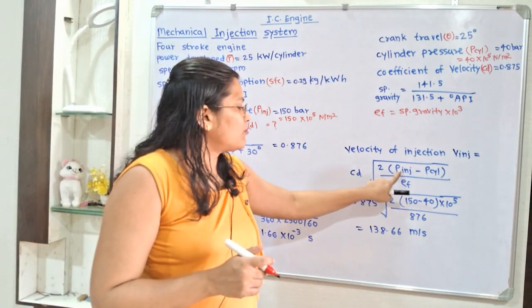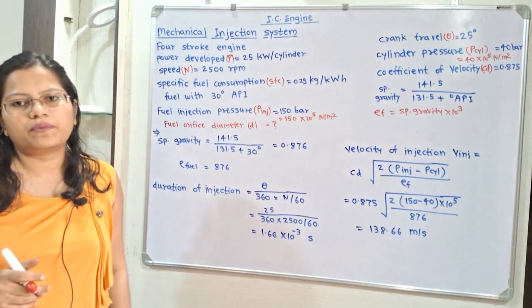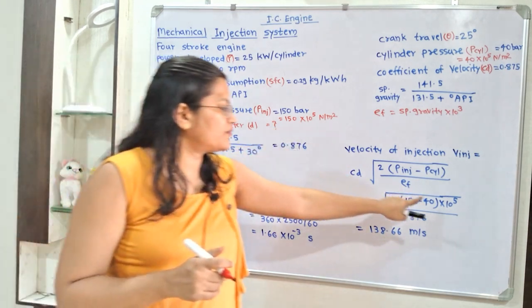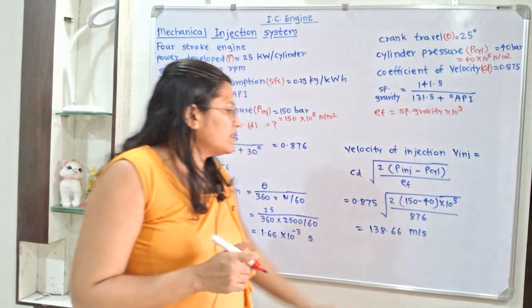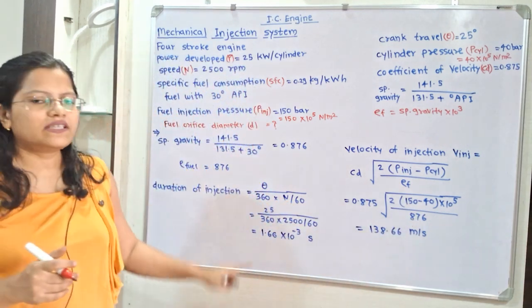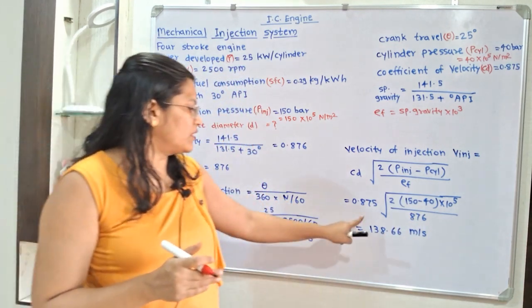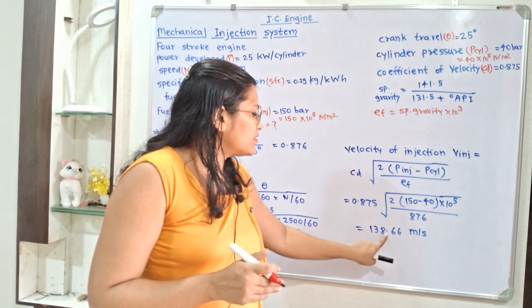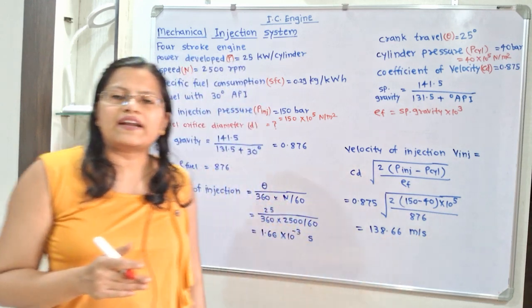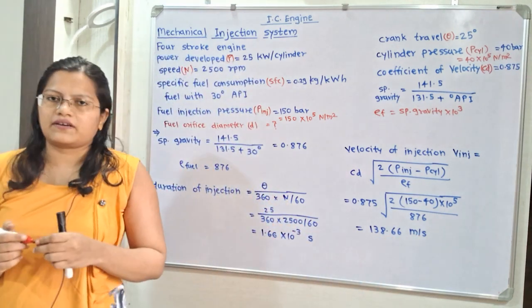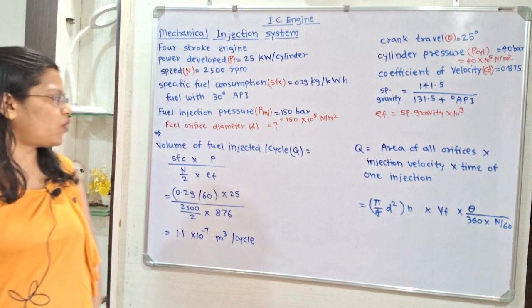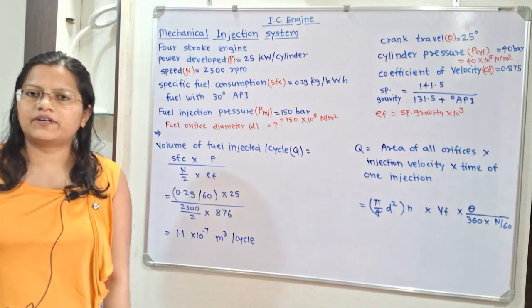We take the pressures in Newton per meter square, so we take 10 raised to 5 as a common term, and rho f is 876, the density of the fuel. The answer is 138.66, and the standard unit is meter per second. Now we will calculate the volume of fuel injected per cycle.